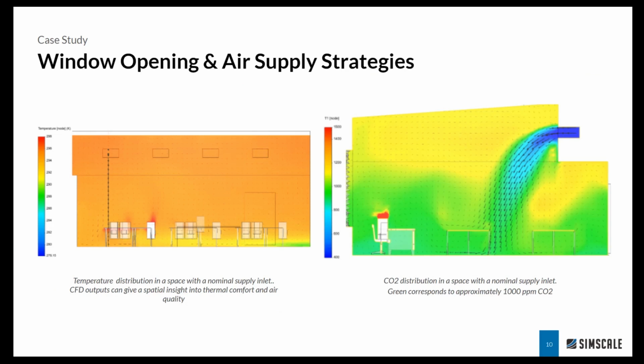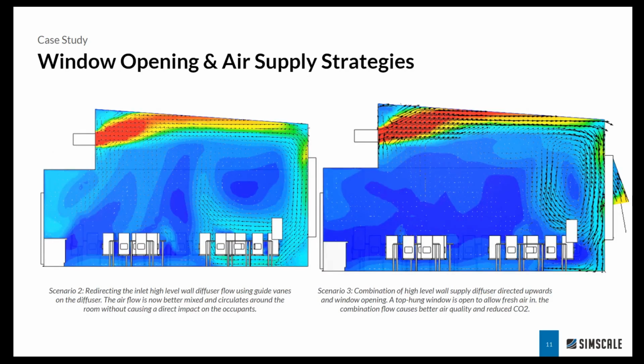For each of the configurations or the design variations, Archetype compared the temperature distribution within the space and also the air quality by means of concentrations of carbon dioxide inside the room. The first few configurations were done to find out which HVAC inlet configuration actually suits this classroom design.